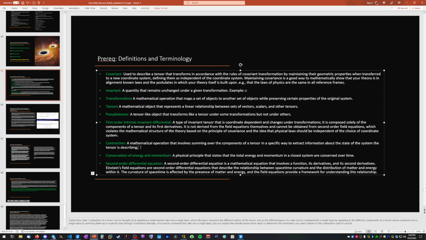So you could think about it like, say you're baking a layered cake, a four layered cake, and if you were to compress the cake down into a single layer, let's say every layer is vanilla. So when you compress it down to one layer, the whole thing is a vanilla cake, and you're like, okay, good.